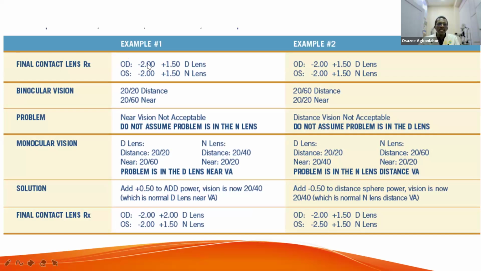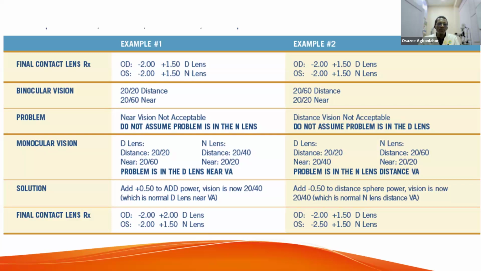Okay, so in this first example, we're looking at spherical lenses. The final prescription for this patient is -2 for the right eye, at 1.50, and -2 for the left eye at 1.50. So you have the distant lens and near lens, center distance and center near for the right and left eye.